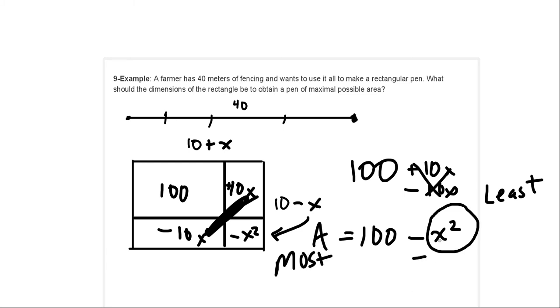Well, what's the least you can take away? Every number squared becomes positive, so the least possible x squared is 0. So if x is 0, the most area it could be is 100. Interesting. So this is a way to get the absolute most possible area of a situation.